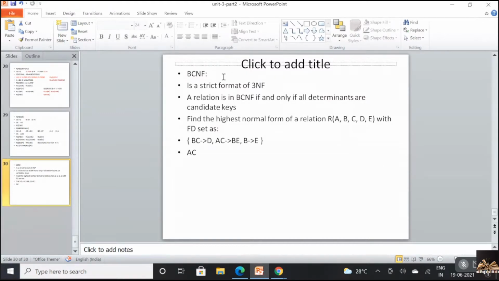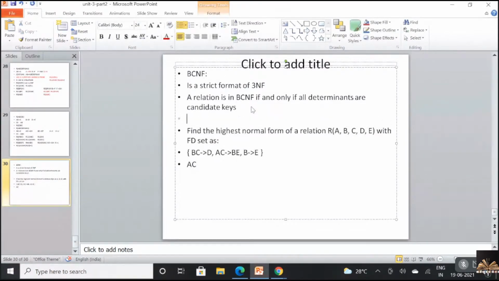A relation is said to be in BCNF if and only if all the determinants are candidate keys.